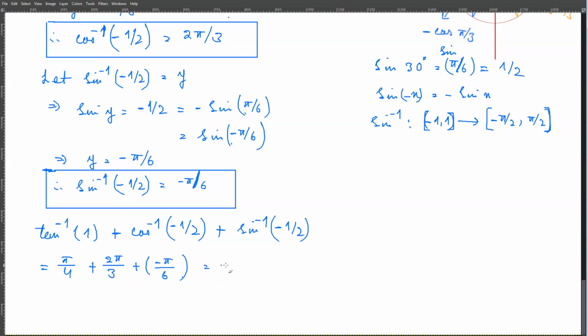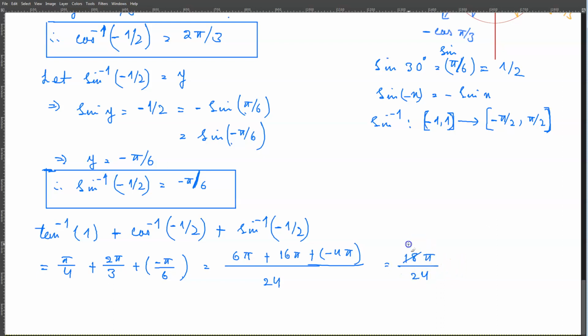So I take the LCM as 24. 24 divided by 4 is equal to 6, that's 6 pi. 24 divided by 3 is equal to 8, 8 16 pi. And 24 4 negative 4 pi. And that is equal to 6 plus 16 is equal to 22. 22 minus 4 is equal to 18. So that's 18 pi by 24.